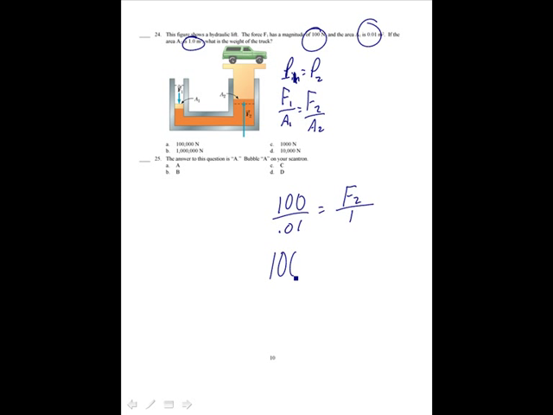So 100 divided by 0.01 gives me 10,000 newtons. And that's F2. That's D, and this is A. And note here that number 8 is not A, it is C.